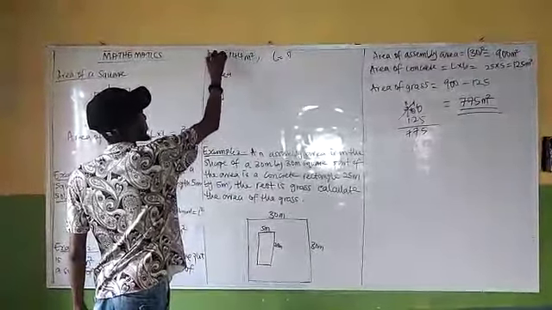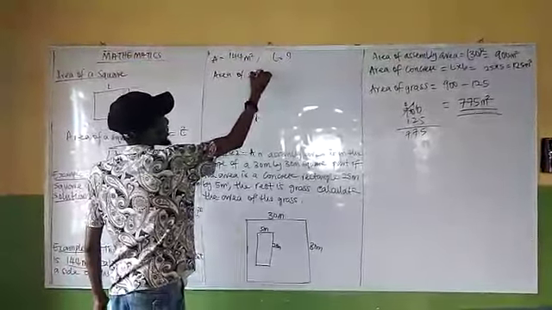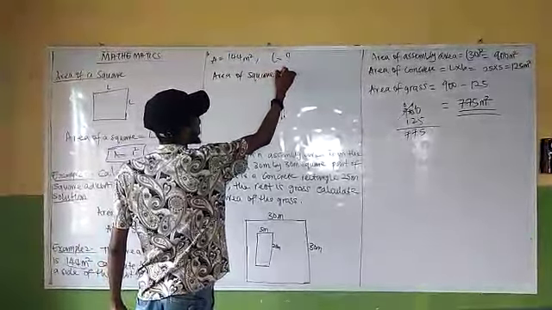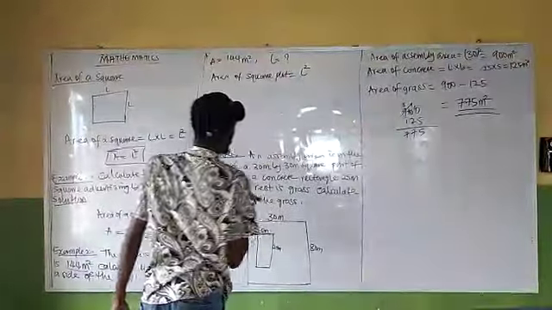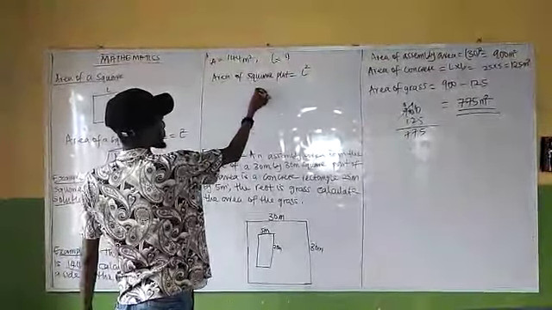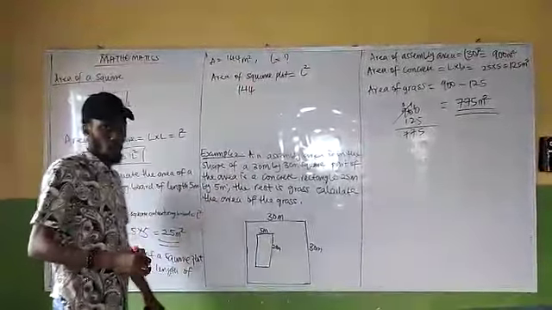So hence, you can say the area of a square plot is equal to L square. In this case, the area of the square plot has been given to be 144 meters square.